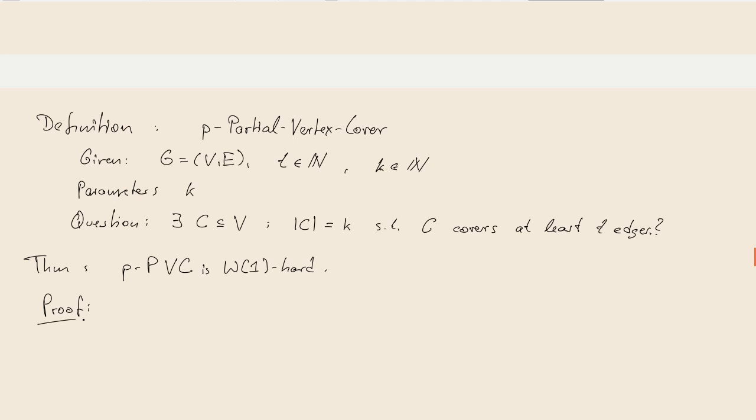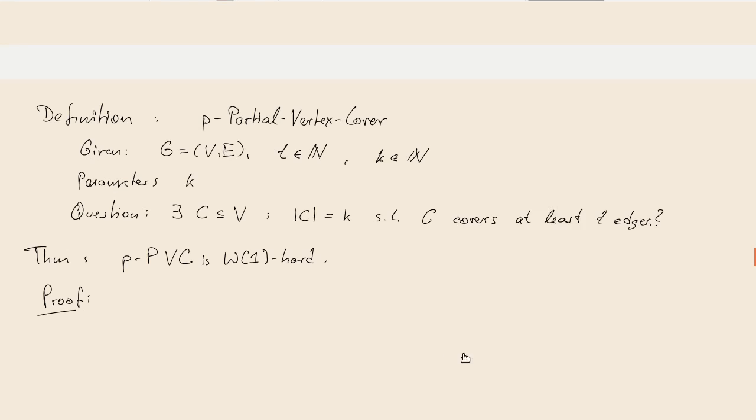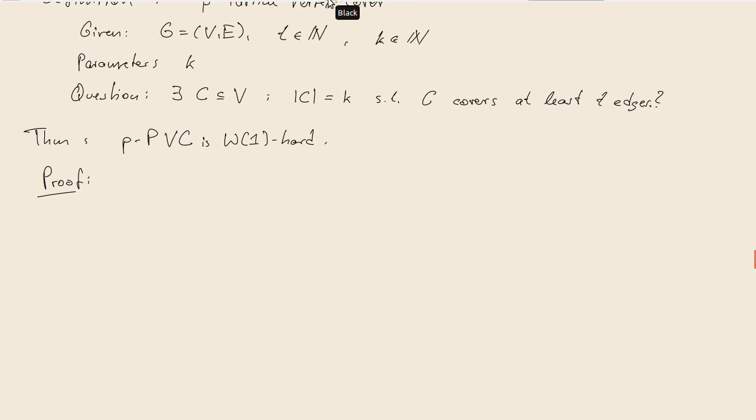So this is a bit more complicated than the reductions before, but still doable. So I wanted to show you at least one non-trivial reduction. So we are only showing hardness. Okay, I don't recall whether it's actually also in W[1].